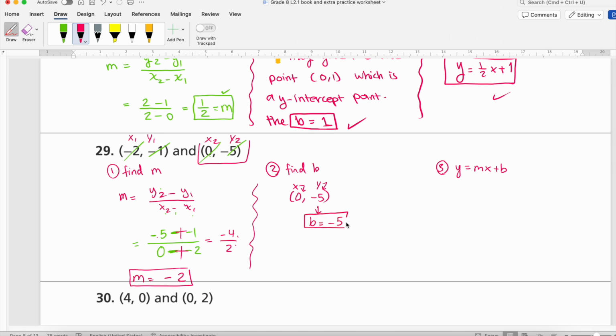That's easy, so you're going to be so lucky if they gave you such a point. So I found m and b. Just substitute: y equals m, which is negative 2, x plus b, plus negative 5. Plus with negative will give me negative. So y equals negative 2x minus 5. That's it. Done.